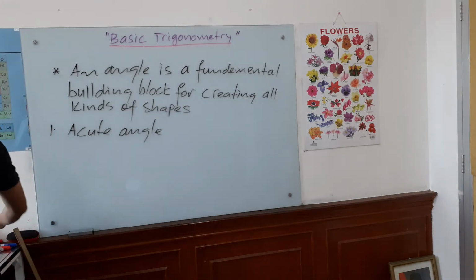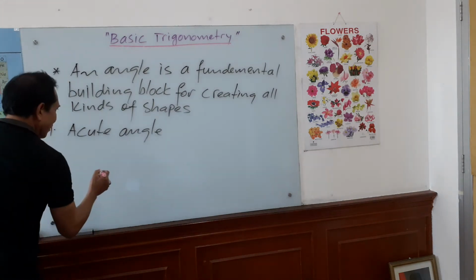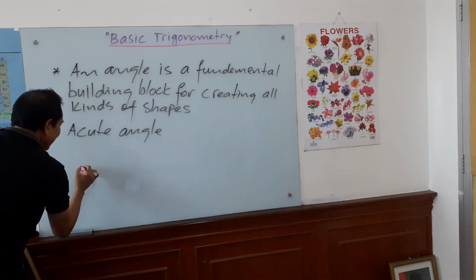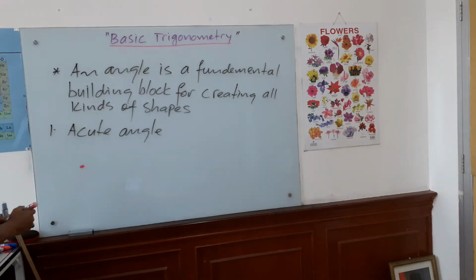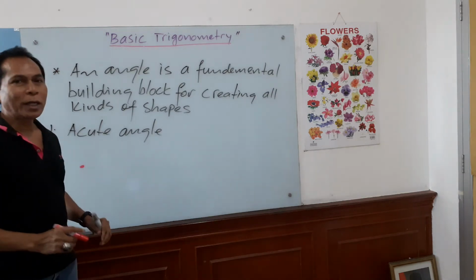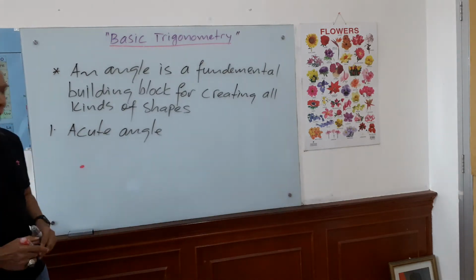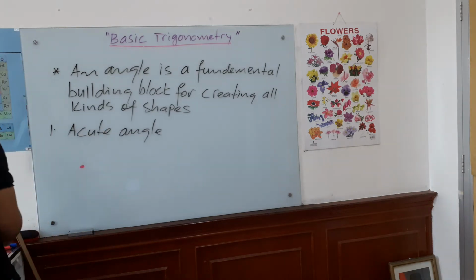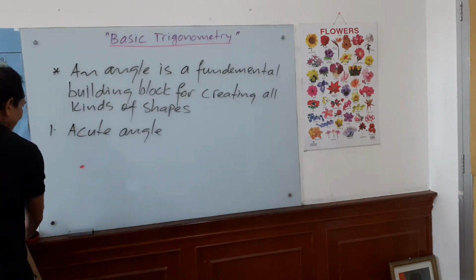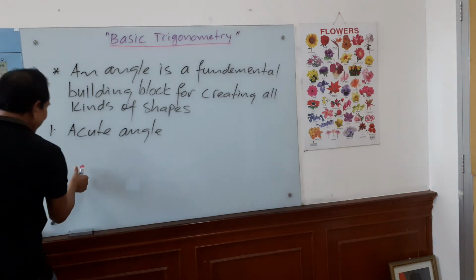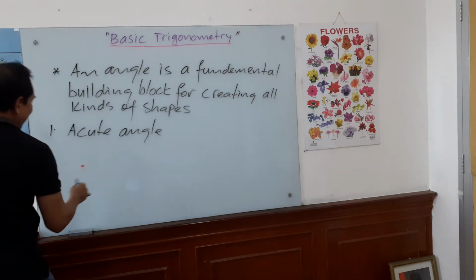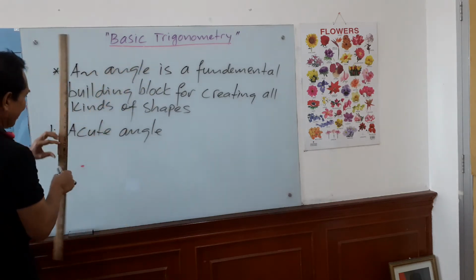So let's make an acute angle. I put a point here. As we said before, from this point you can create everything. You can do lots of things. Now with this point here, we make our acute angle.